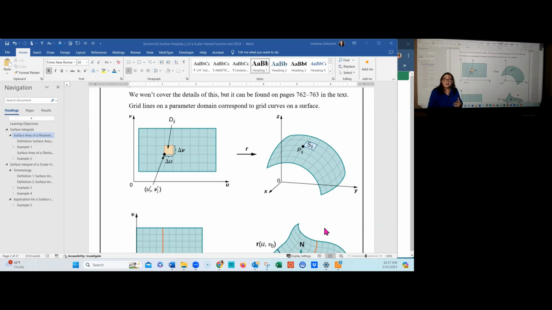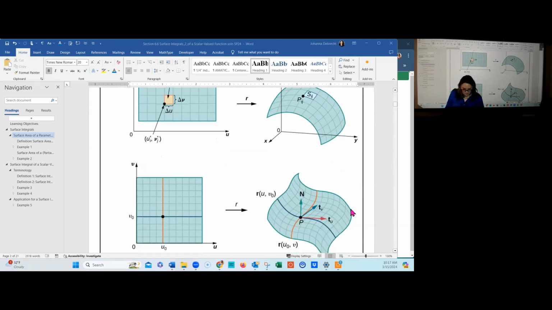And then we can take a particular point within that curving sort of rectangle. So it's not flat, it's not truly a rectangle, but a curved rectangle, and call that point P sub ij. Now, in the textbook, they use the lower left-hand corner, but in fact, it could be any point within that small subsection of the surface.